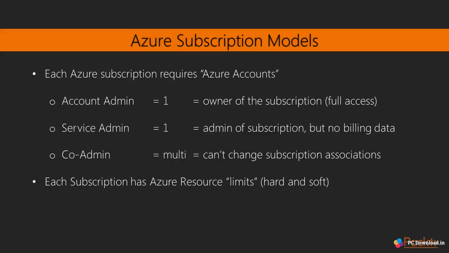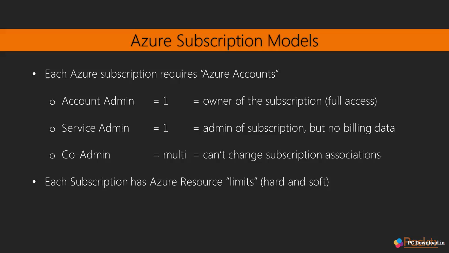Now, when talking about Azure subscriptions, we also talk about Azure accounts. An Azure subscription recognizes three different layers. The first one is called the account admin, which can be only one, and this is the overall root owner of the subscription having full access to everything.